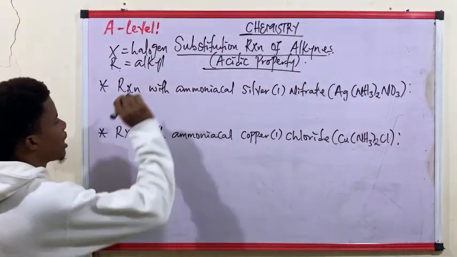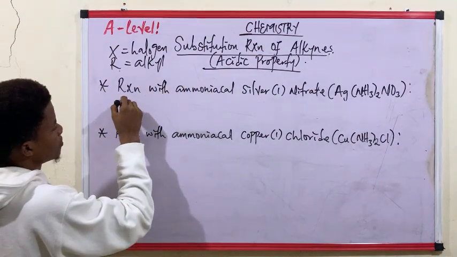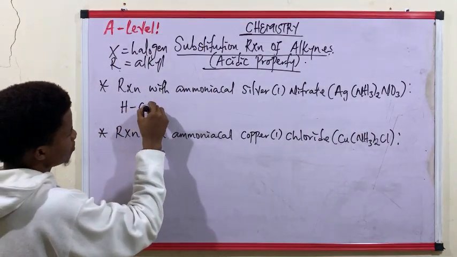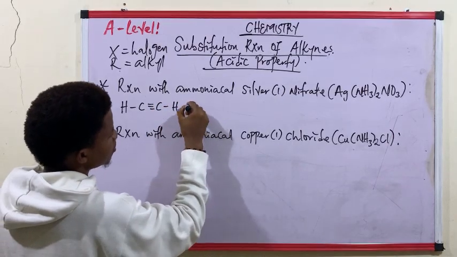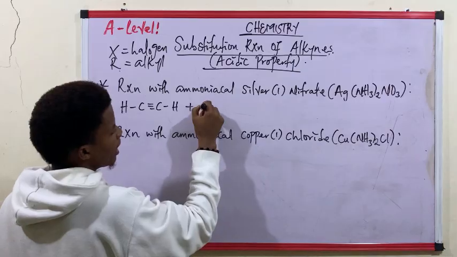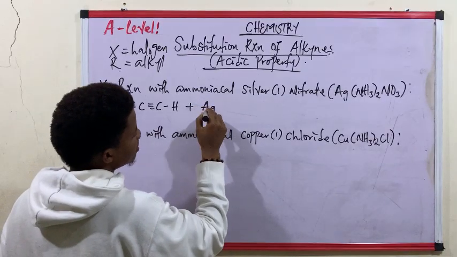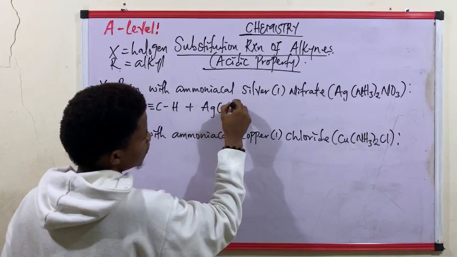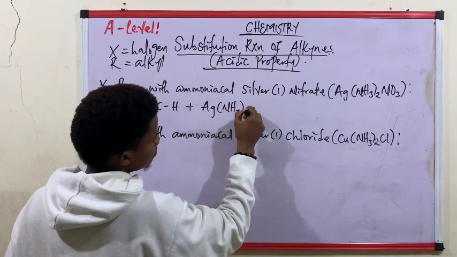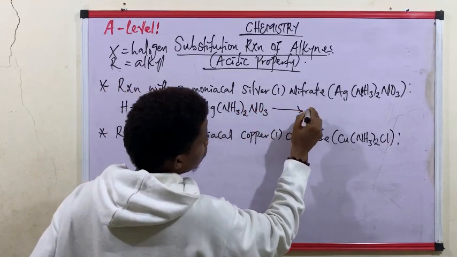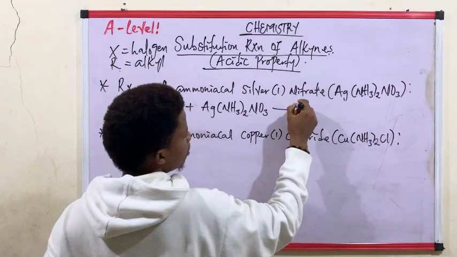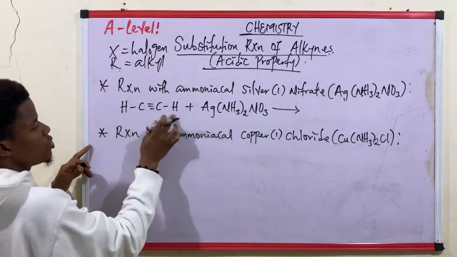All right. So now let's take ethyne reacting with this guy. So that is our ammoniacal silver 1 nitrate. So what are we going to have? Remember this substitution. Let's just assume that I want to substitute the two hydrogens.